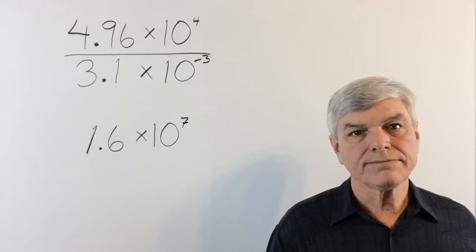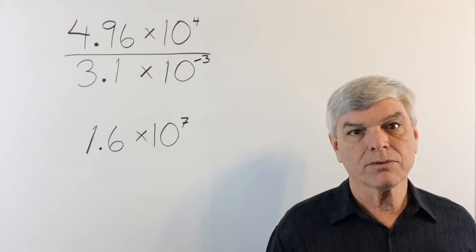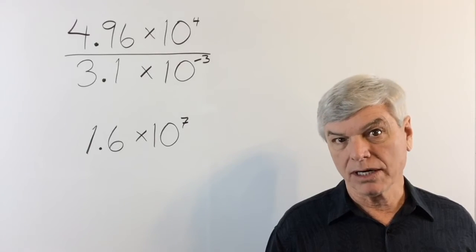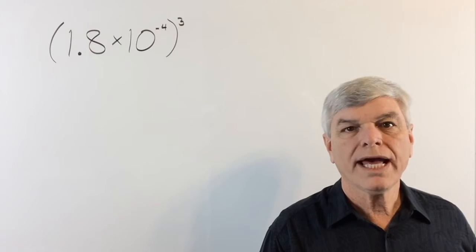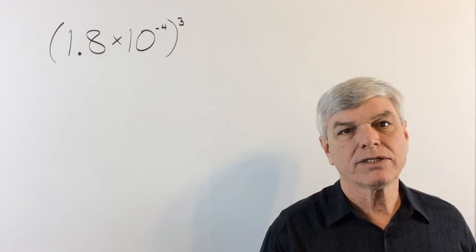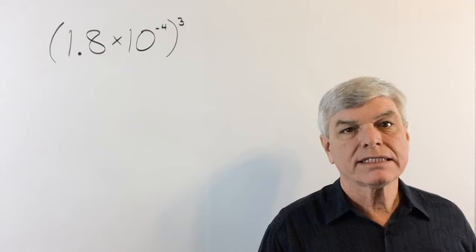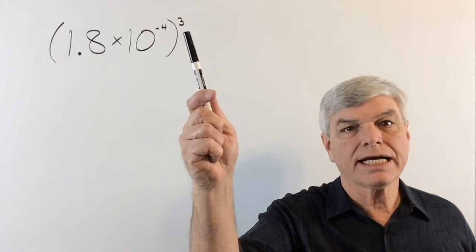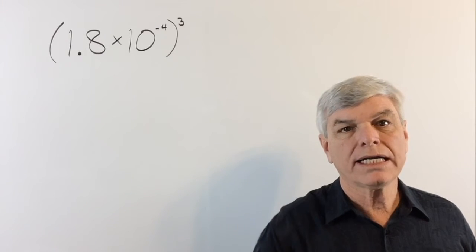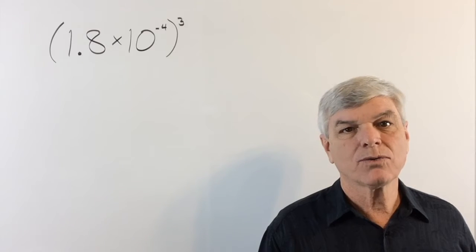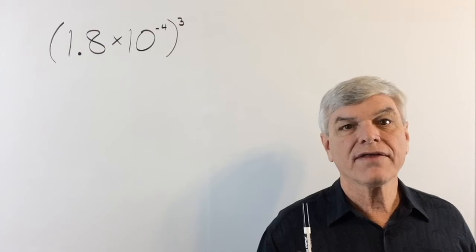Now let's deal with scientific notation when we're dealing with a power of a power. Okay, we have a number in scientific notation within parentheses, and that parentheses has an exponent. What is that exponent relative to? Well, it's relative to the thing that it's next to.